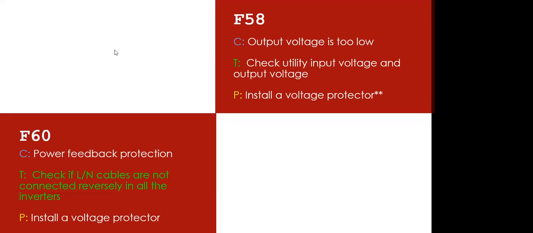If the current sharing cable is not well tightened, or one is loose, or one has been removed, and you have connected all the inputs and outputs together, it will show you F72, which means the output currents of the inverters are different. So in that case, it's not an error, it's not a fault until you make it a fault.